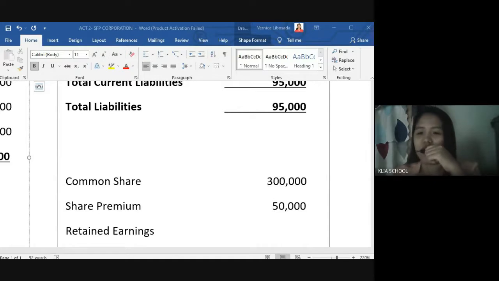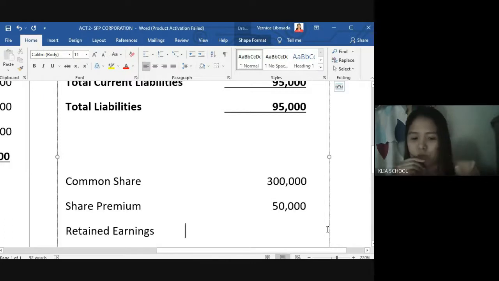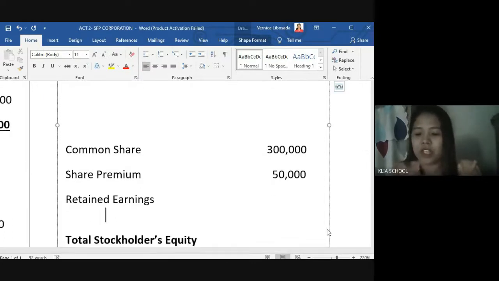So, yung natitira natin, 350,000, will be returned, para malaman natin yung retained earnings natin. We simply subtract again 350,000 from the common share and then the share premium. So, that's why our retained earnings will simply be 0. Wala nang matitira sa ating retained earnings.